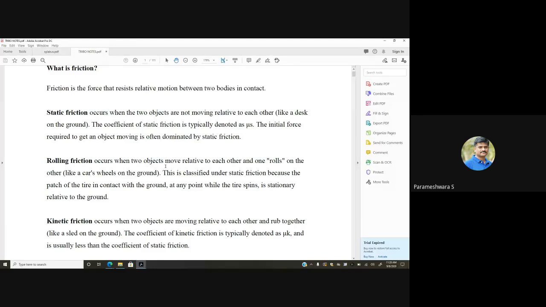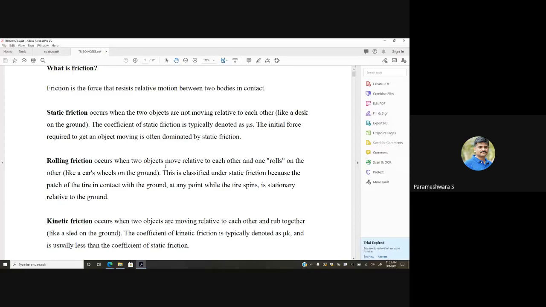So this kind of friction is called static friction. The coefficient of static friction is typically denoted as mu, that is the Greek letter mu. And the initial force required to get an object moving is often dominated by static friction.